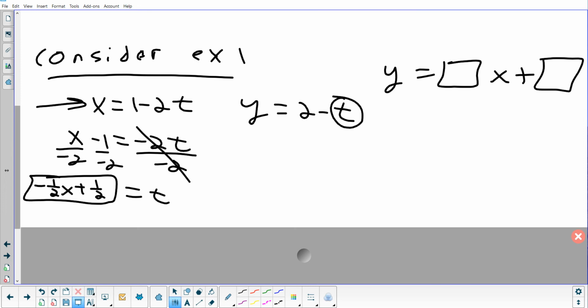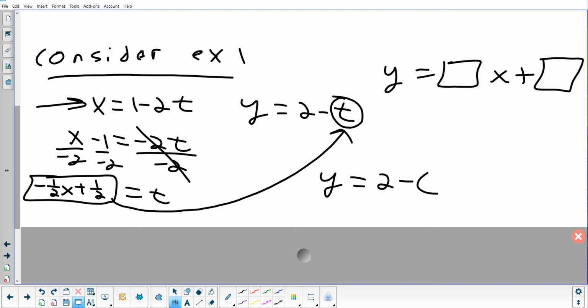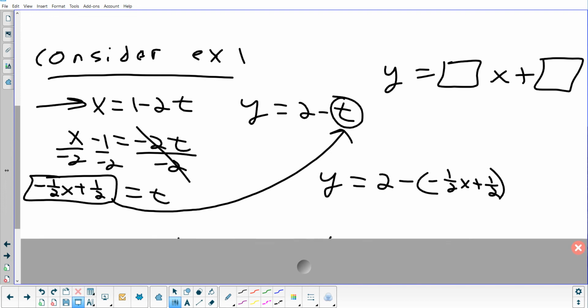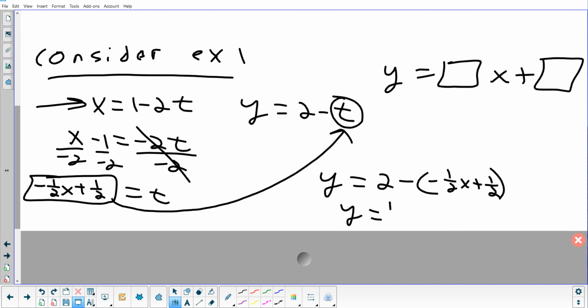And now, plug that in for t. So we get y equals 2 minus, and now we're going to have to distribute that negative, -1/2 x plus 1/2. Right. Can someone tell me what would be my final answer in that box?